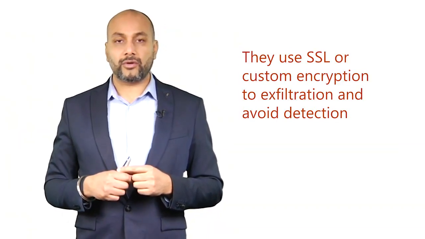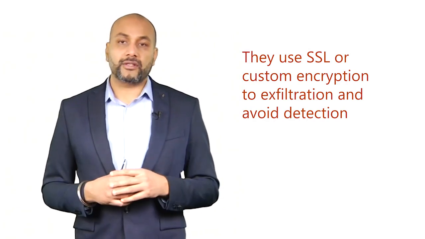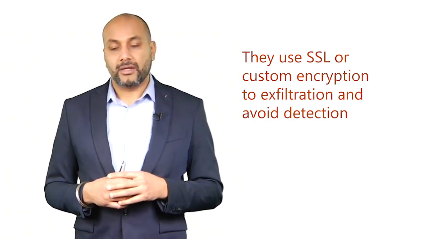Also, they use SSL or custom encryption to avoid exfiltration detection. Exfiltration will happen, so the methods which can be put in place to not get detected are what I'm talking about. They use custom encryption techniques and SSL certificates, so when they're exfiltrating the data, they cannot be detected.